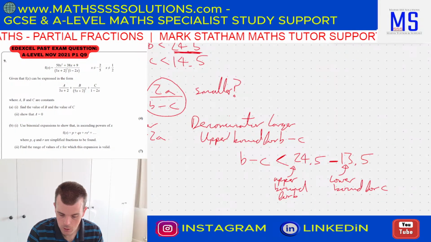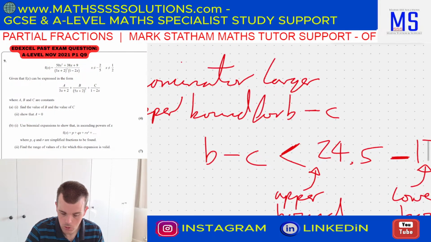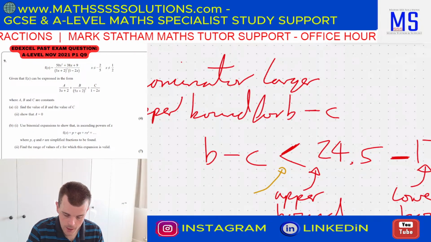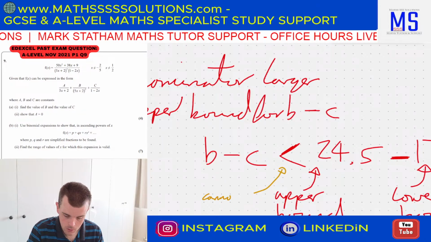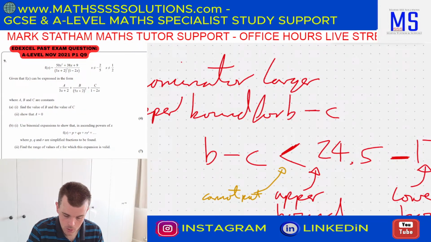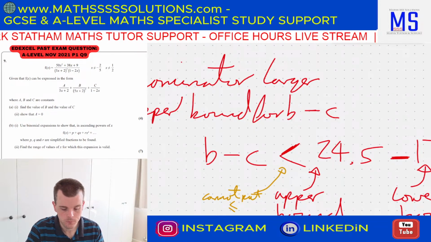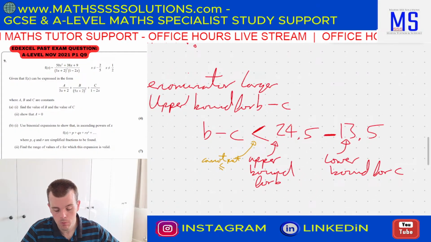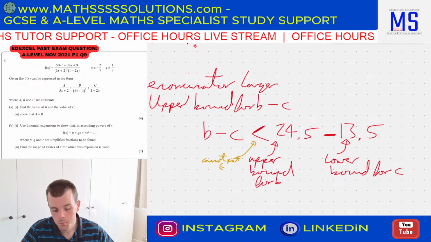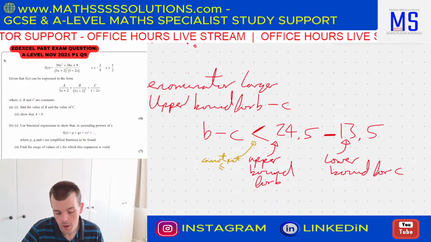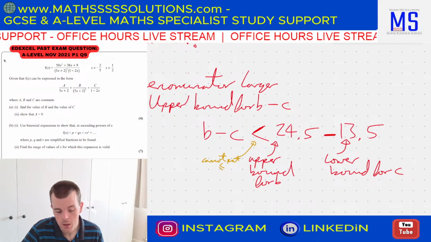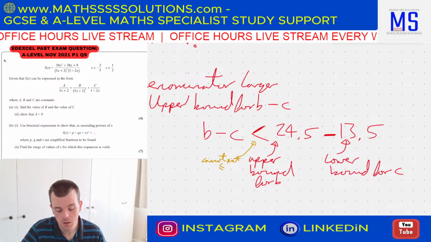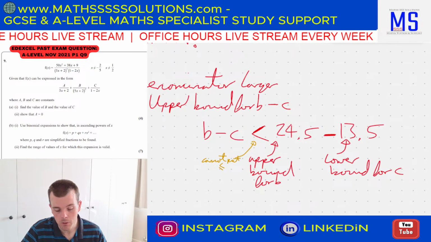And if you want to be technical about your error intervals or your inequality signs, the reason why you cannot put less than or equal to is because even though c could equal 13.5 exactly, b could not equal 24.5. So you can only put the equal sign if both values you are subbing in can be equal that value exactly.